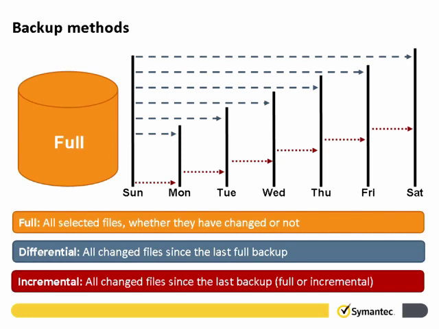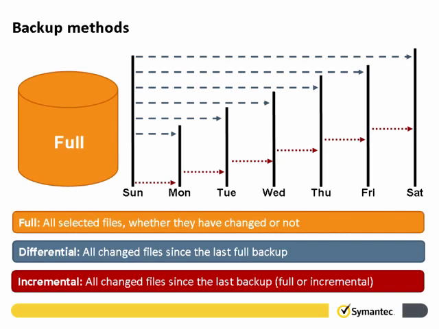So a full backup backs up everything selected, regardless of whether or not it's changed. It also resets, and I'll talk in a few moments about what is getting reset. So a full backup backs up whatever you tell it to, everything you tell it to, and then resets.